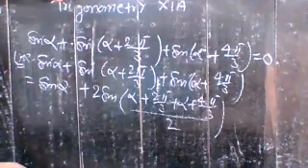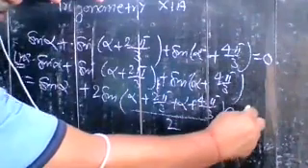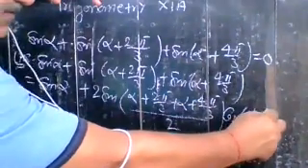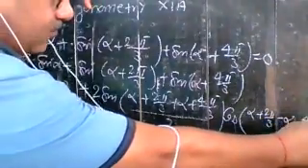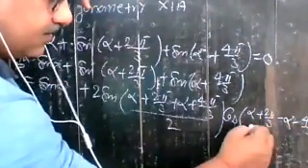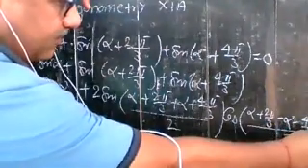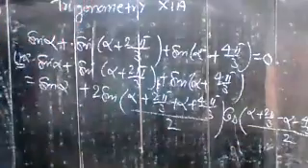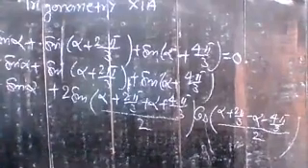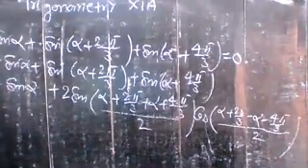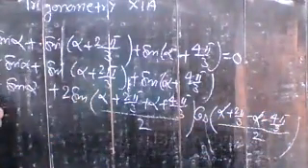In cos, write alpha plus 2 pi by 3 minus alpha minus 4 pi by 3, and whole upon 2. You write it in this way. Here alpha and alpha are cancelled out, and solve the remaining terms.